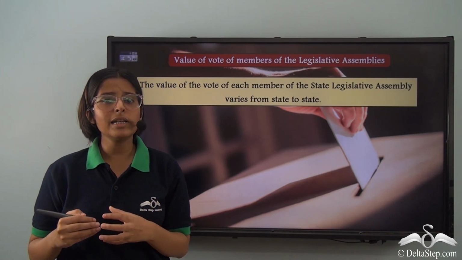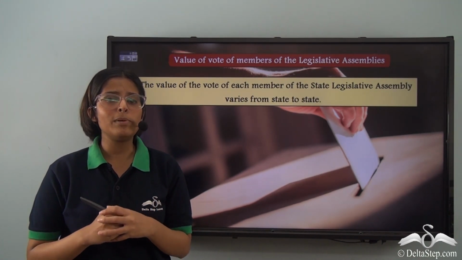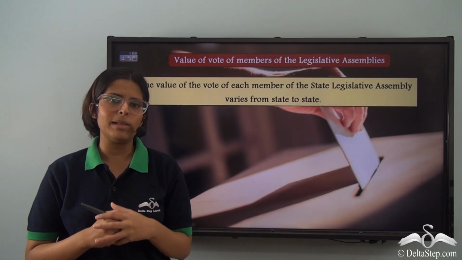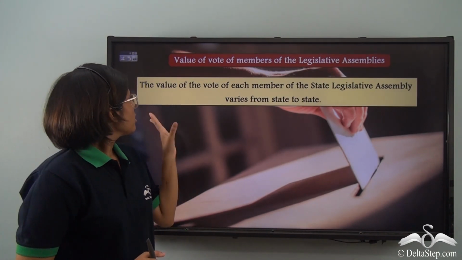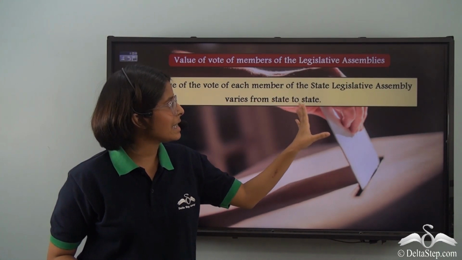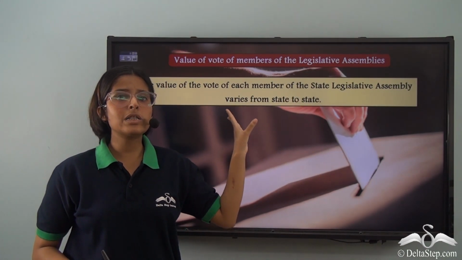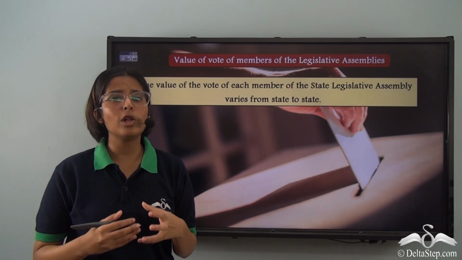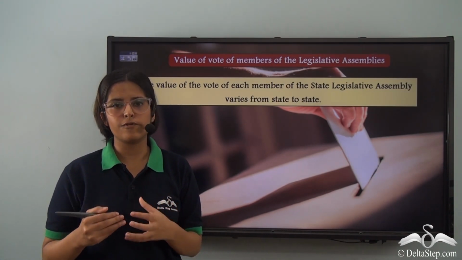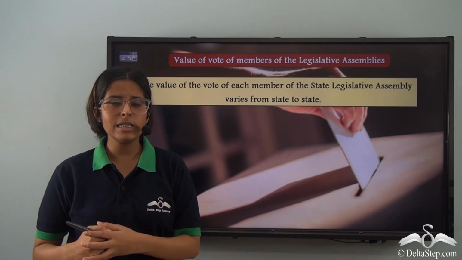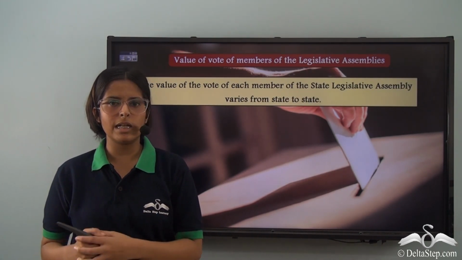So we calculate the number of people there are in a state and see how many people each MLA represents. So the value of the vote of each member of the state legislative assembly varies from state to state. As we saw, the populations of all the states of India are very different, and so the number of people an MLA represents also differs from state to state.